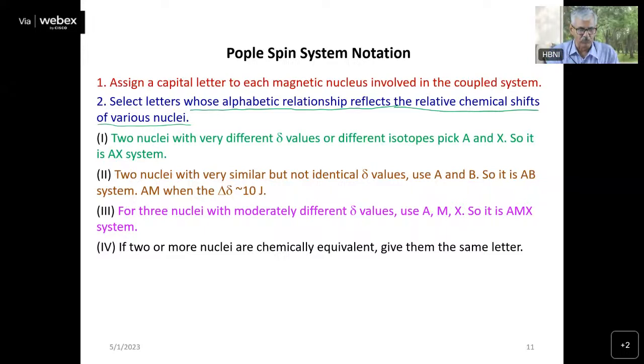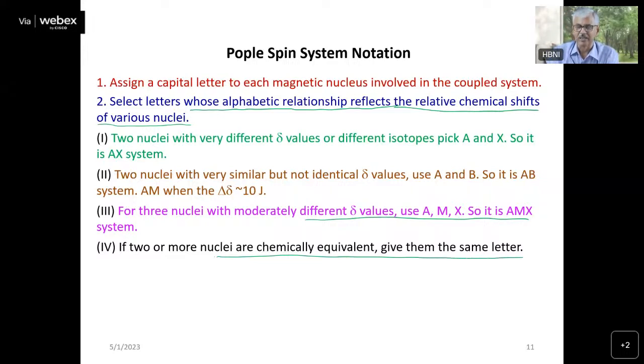Okay. So similarly, you have three nuclei with moderately different delta values. So one is A, the moderately different is M, and the other is X. If two or more nuclei are chemically equivalent, we'll give them the same letter.